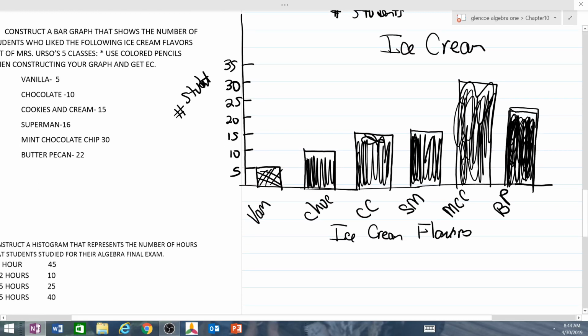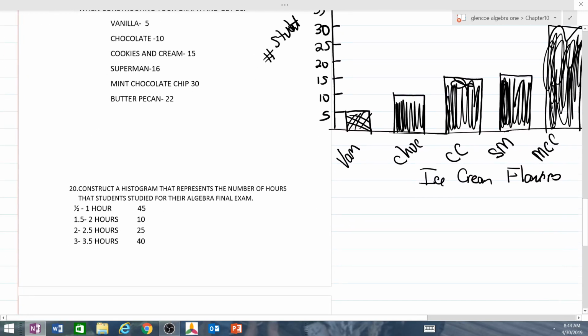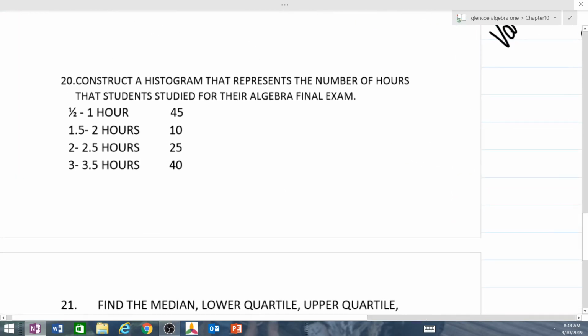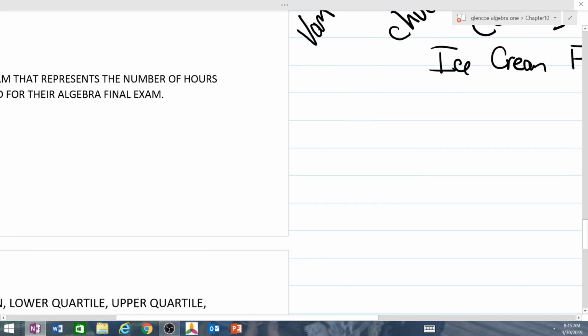All right. Let's go ahead on to our next question, which says, construct a histogram that represents the number of hours that students studied for their algebra final exam. So we have 1/2 to an hour, 1.5 to 2 hours, 2 to 2.5 hours, 3 to 3.5 hours. So this time we are making a histogram. Okay? All right.